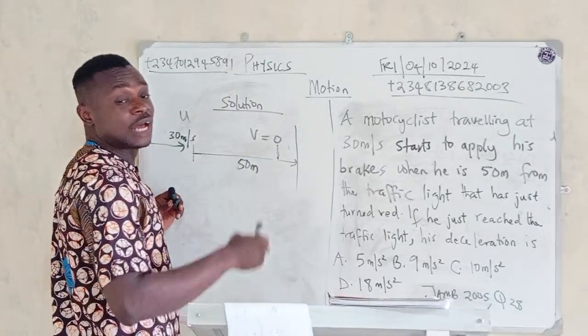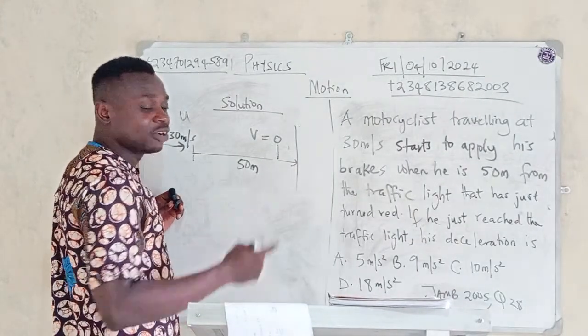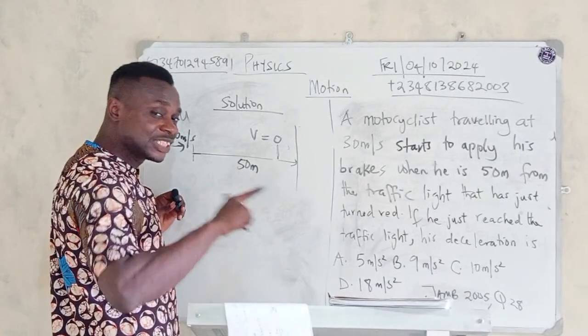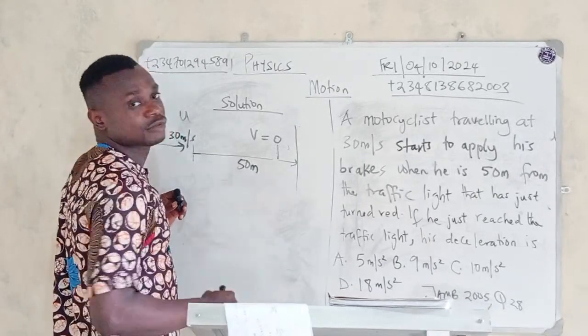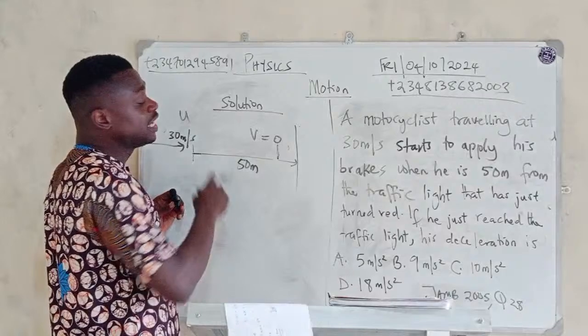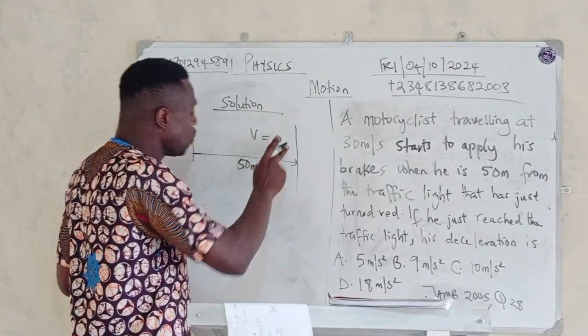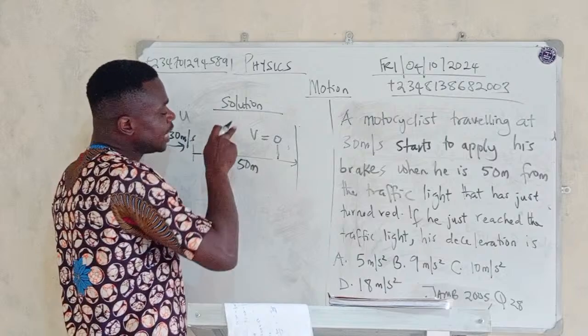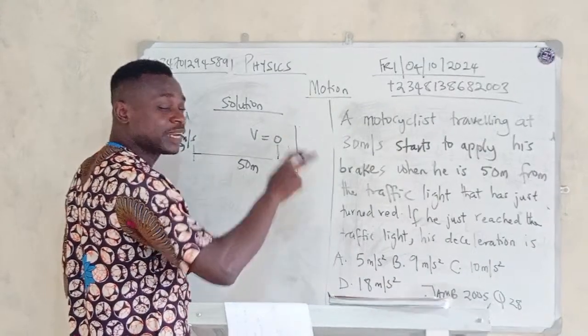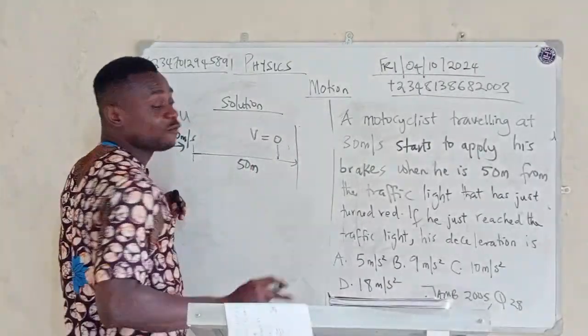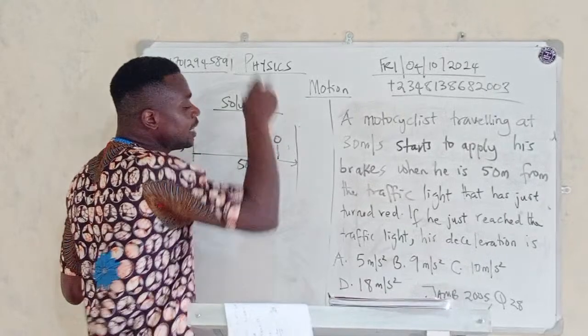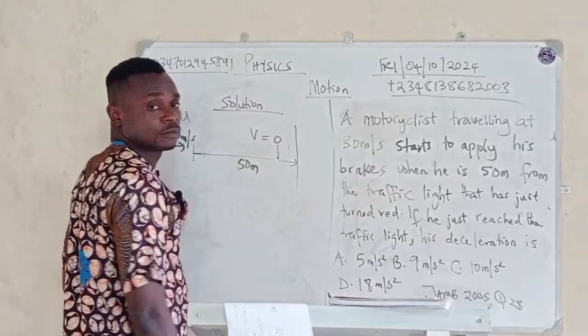Deceleration is also acceleration, but deceleration is negative acceleration. So it will need to decelerate before it can come to a stop and velocity becomes 0. From the moment he started applying the brake, the speed will start coming down until it becomes 0. So final speed will be 0 when the motorcycle stops.